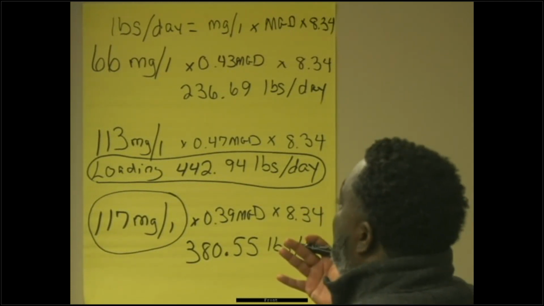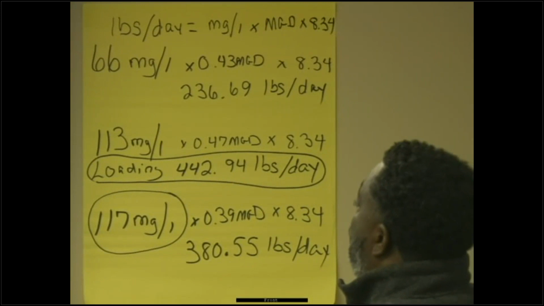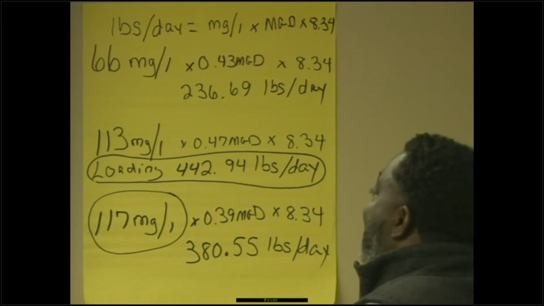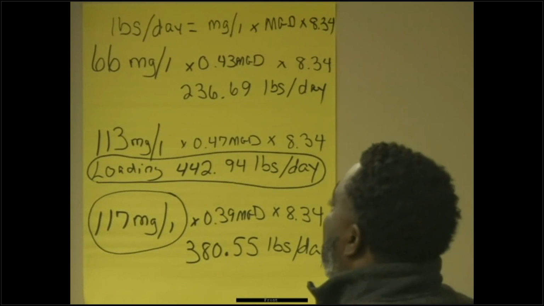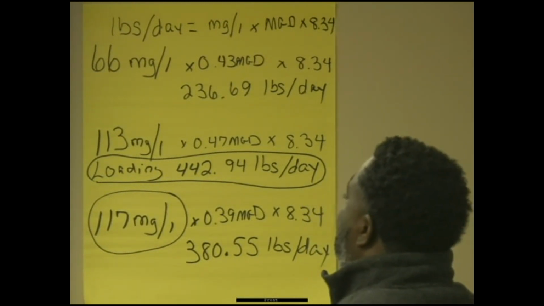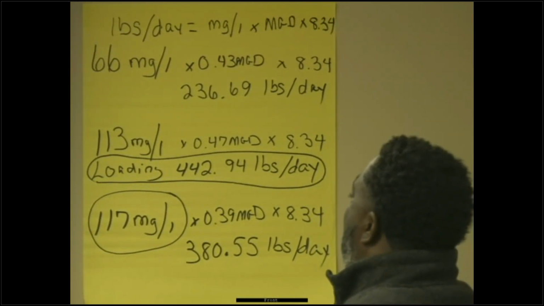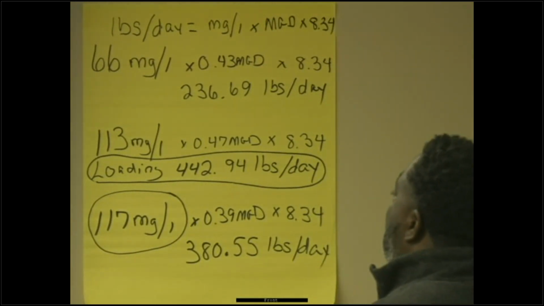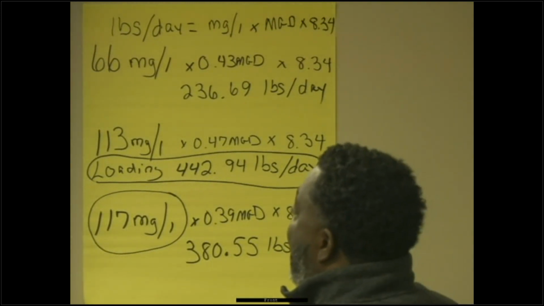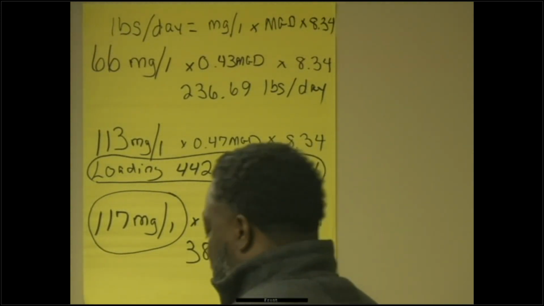A lower concentration had a higher flow, resulting in the highest of all the loadings for that particular quarter. So if you're entering information into this particular DMR, 117 is your concentration. The loading is 442.94. Okay.